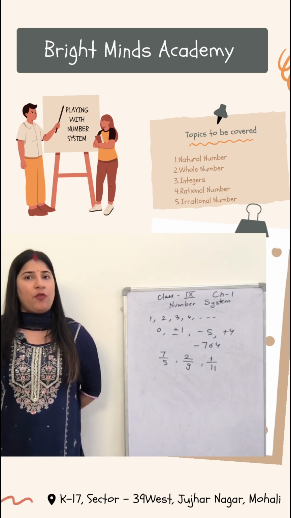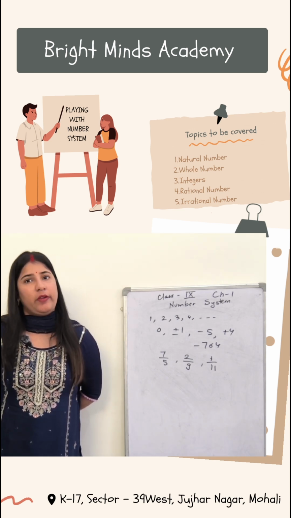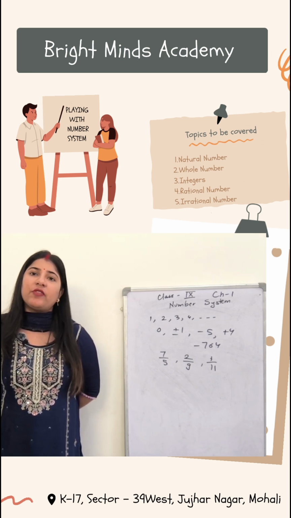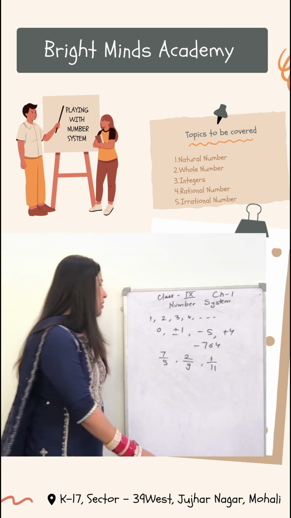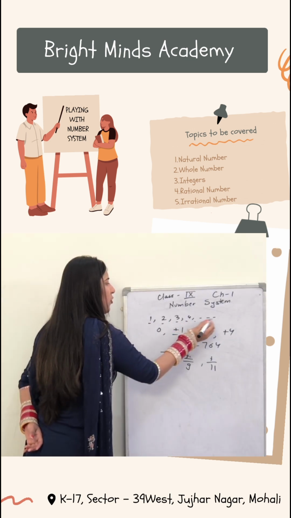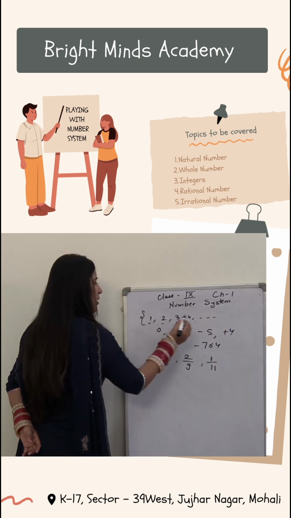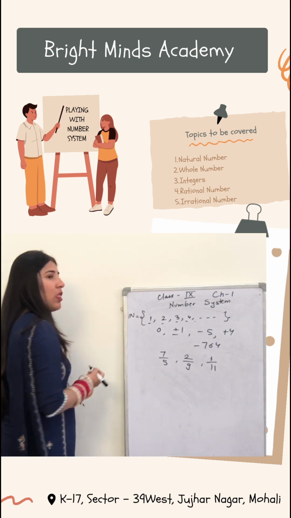Some form a system of natural numbers while others form a system of rationals or irrationals. There are minor differences between all these types of number systems. Starting with the natural numbers, the first category, that is 1, 2, 3, 4 up to infinity, these numbers fall in the category of natural numbers.